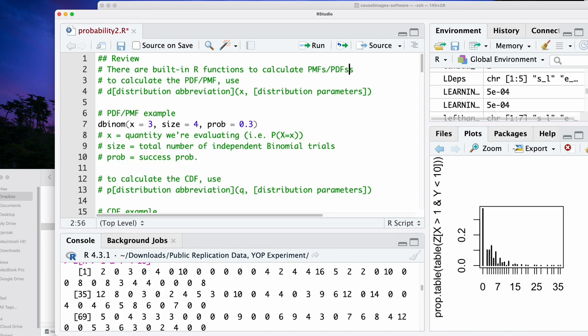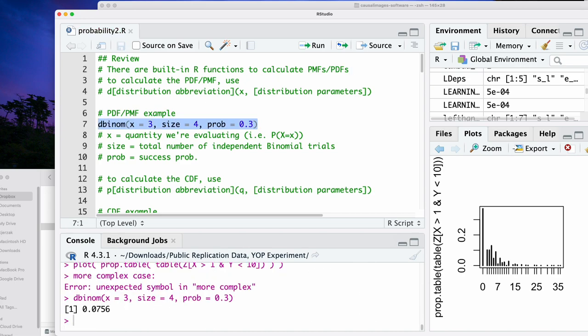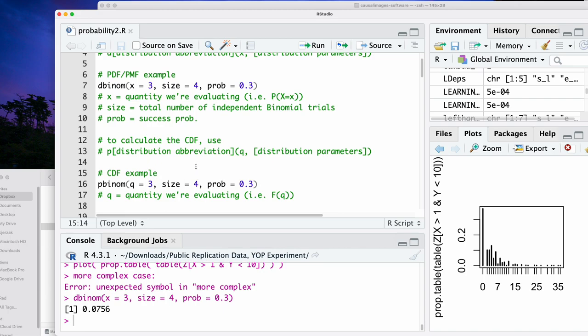For example, we could use this dbinom code to calculate certain probabilities, or we could calculate CDFs using R as well, using this pbinom function. So these are things that we've covered, and they're just here so that you get it again from another point of view, just another example, in a different setting.